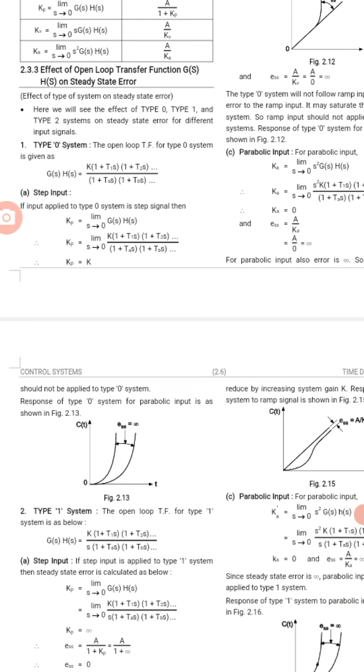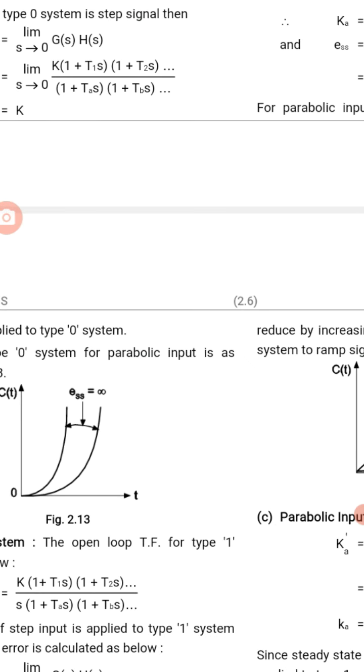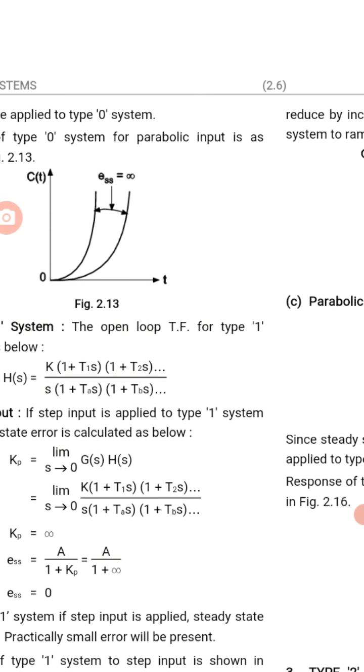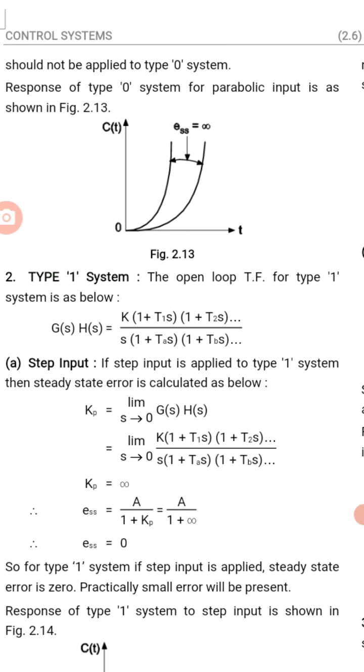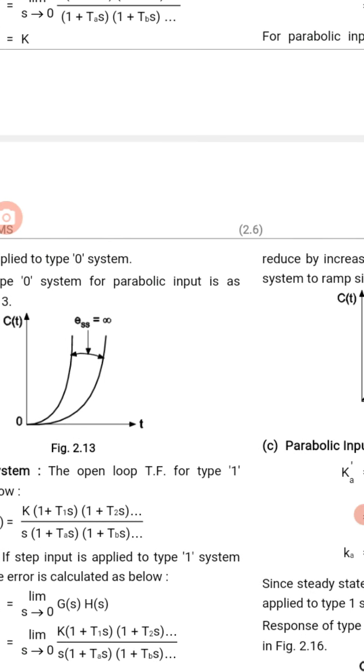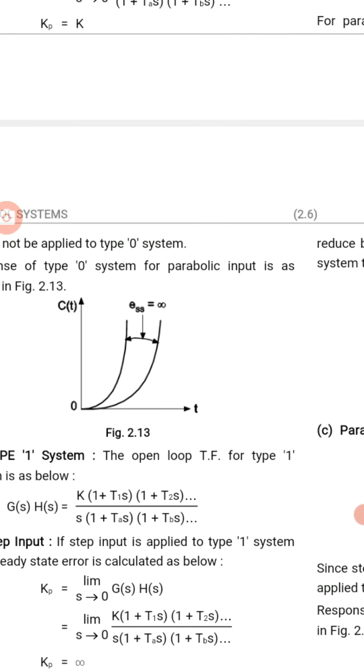Related to open loop transfer function, you will find error signal is very high. Type 0 means if input is step, type 1 system means if input is ramp, and type 2 means if input is parabolic.